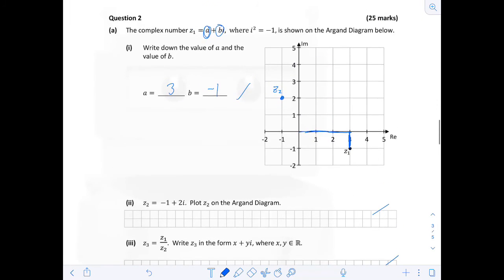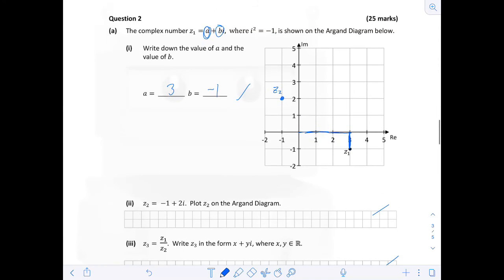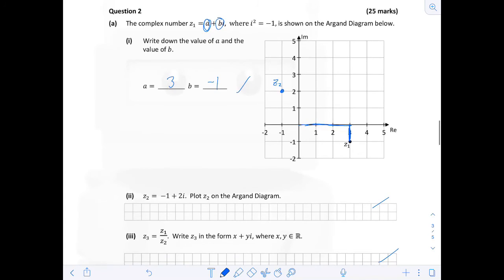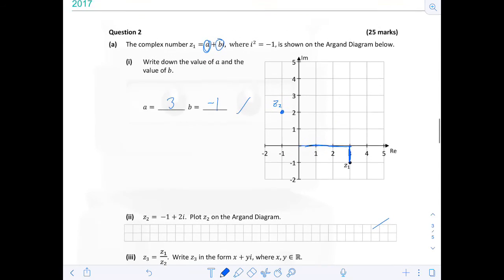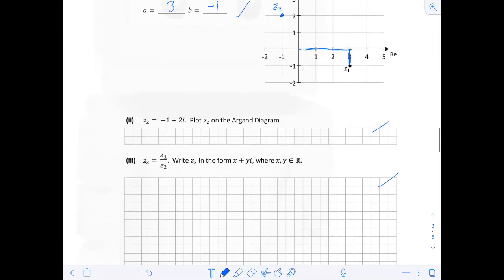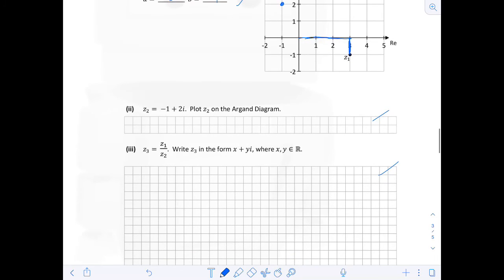And then what's going on down here? A dividing question. So where is he? Okay, so I'm going to try and grab this one here. So it's going to be 3 minus i all over minus 1 plus 2i.